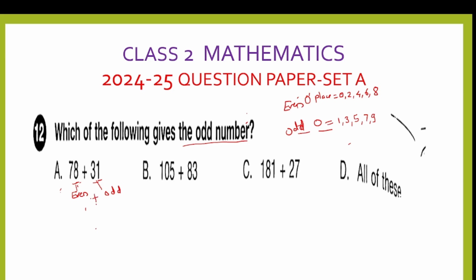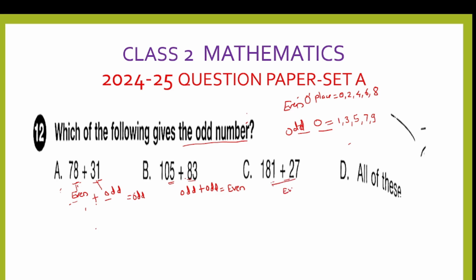To do it manually, we can use a trick here. So what is the trick? Even plus odd becomes odd. Similarly, here 105 is an odd number and 83 is an odd number. So odd plus odd is always even. Similarly, here is also odd plus odd.